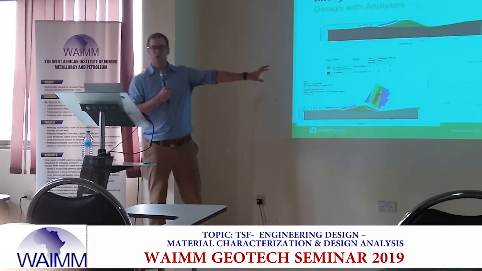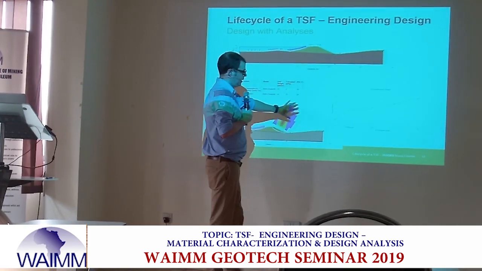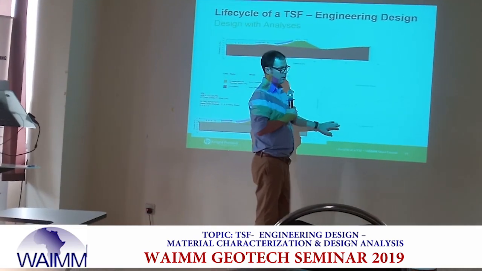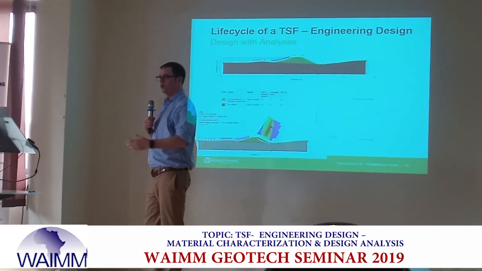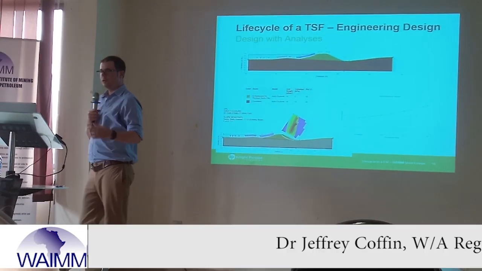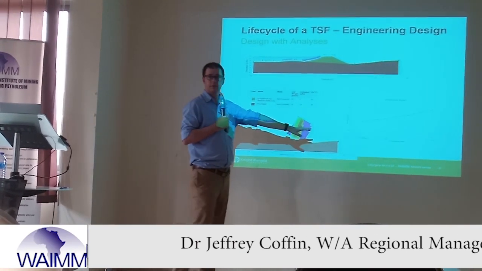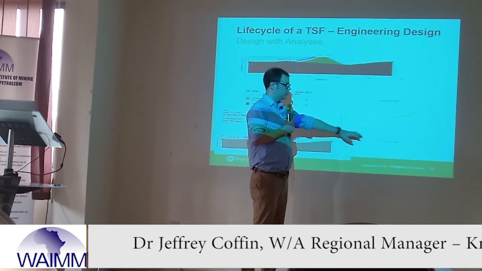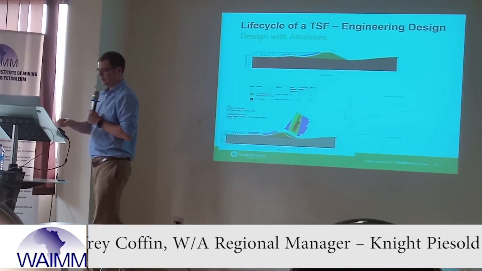So this is what I mean by designing with analysis. If we had just run off with our 1.1 and 2, we would have gone all the way down the road, we would have sent out our bill of quantities, we would have priced this thing, then somebody runs the analysis and says it doesn't work. So instead, I'd rather do something like this that informs our civil design, informs our quantities.